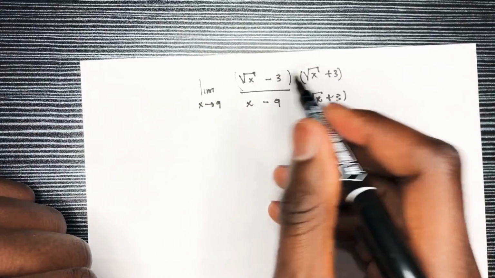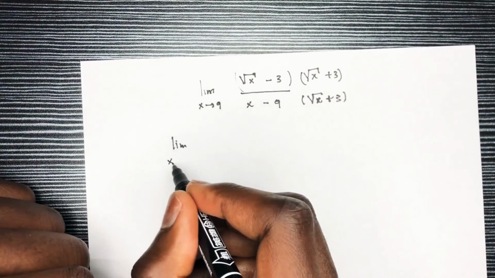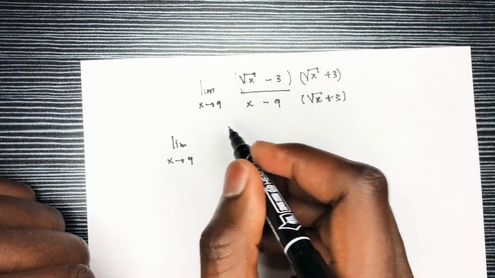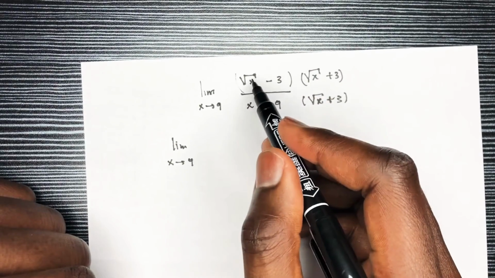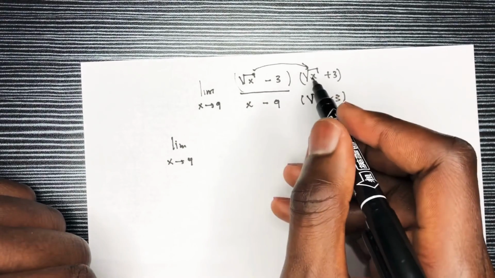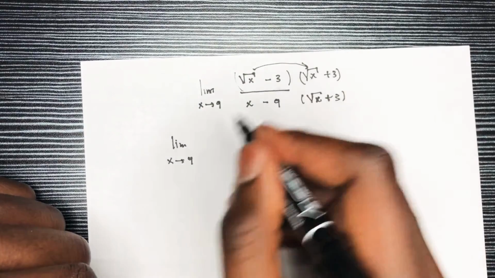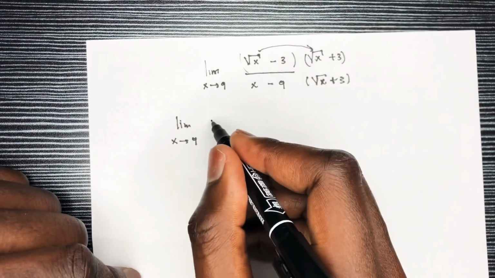You can multiply both of these by foiling them, with the limit as x approaches 9. If you multiply this one times this one, it's a square root squared, and the roots just cancel out. I'm going to write everything so you understand.